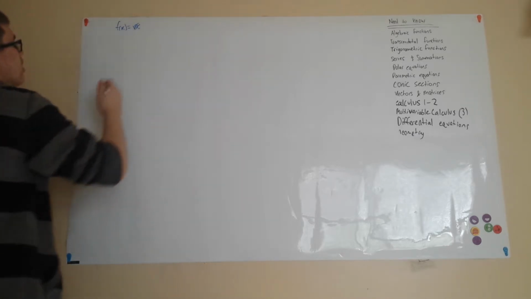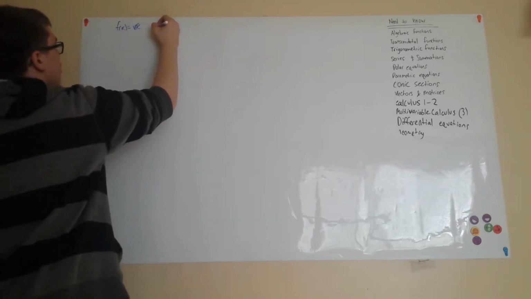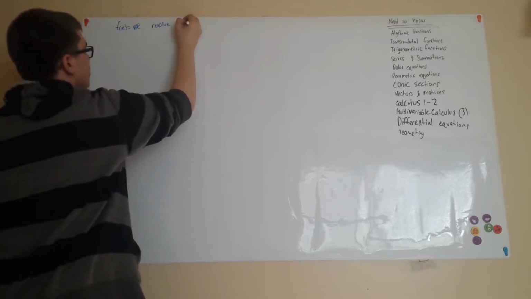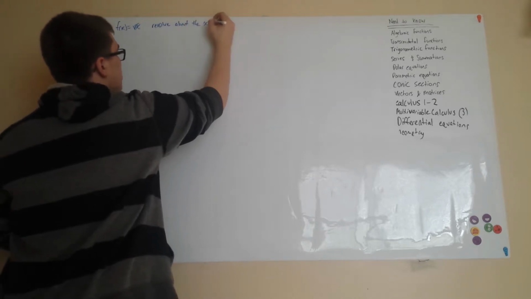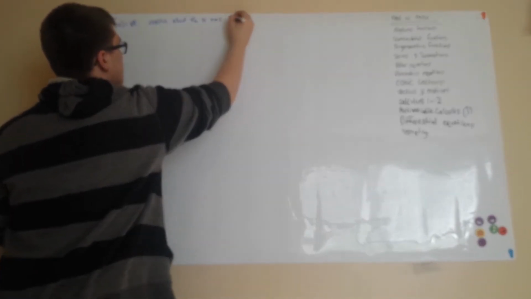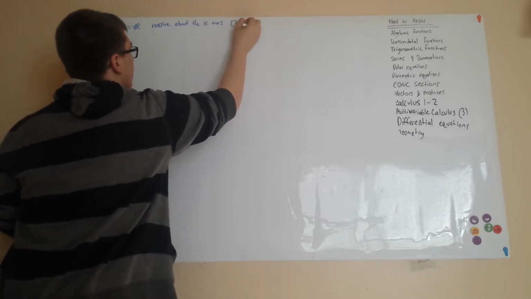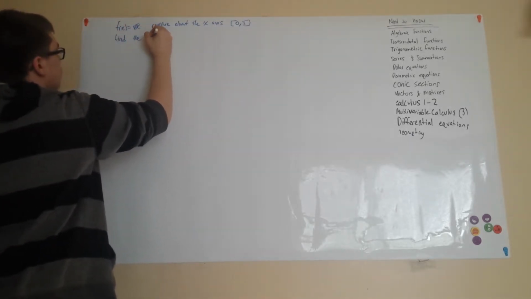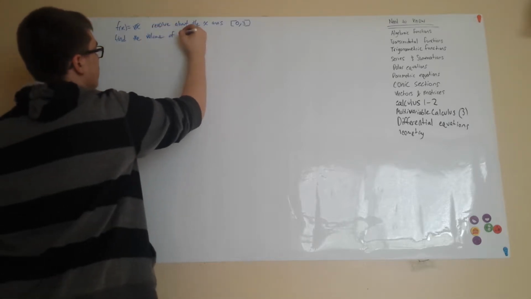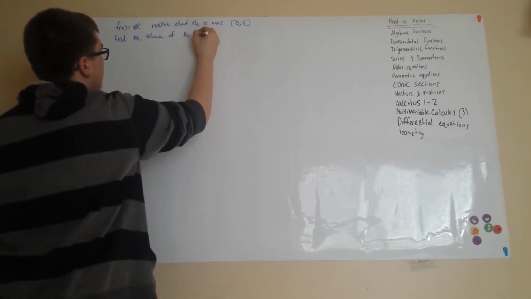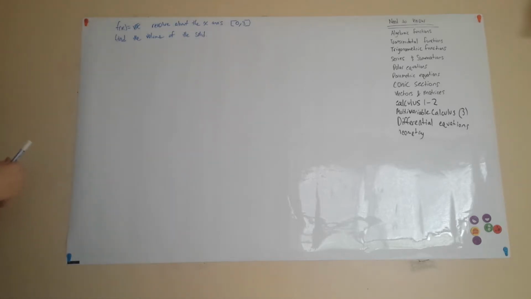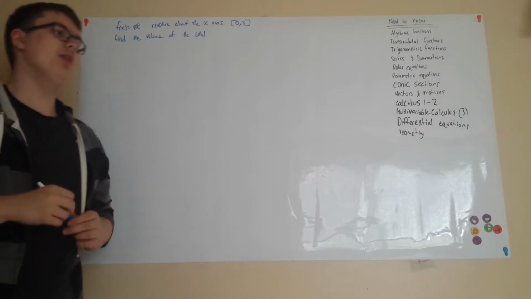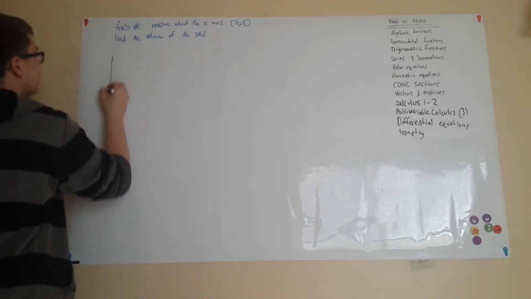Take that, and I want to revolve about the x-axis, from 0 to 3. It says find the volume of the solid that is formed from this function revolved about the x-axis from that interval. Okay, what does this look like?